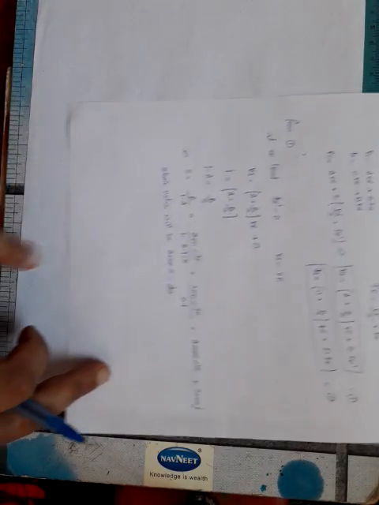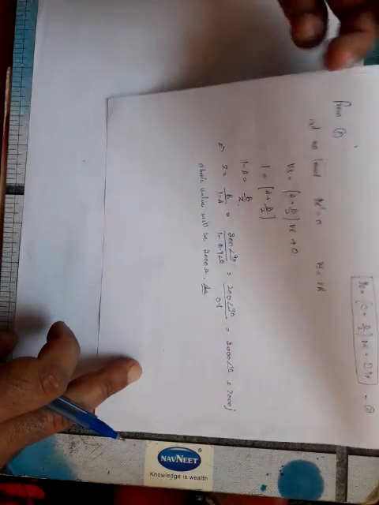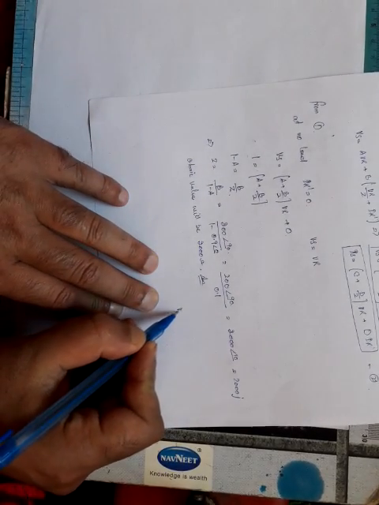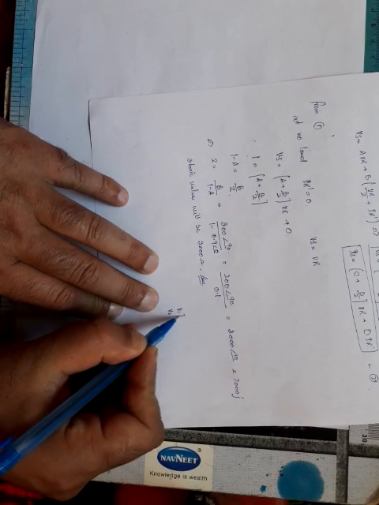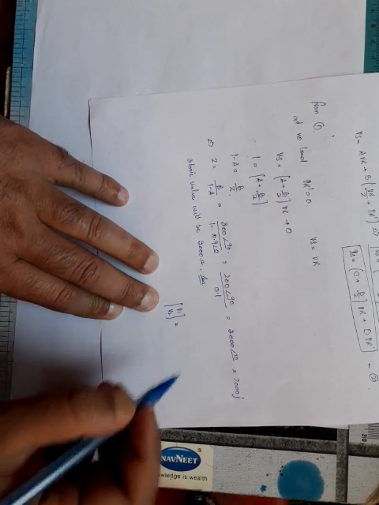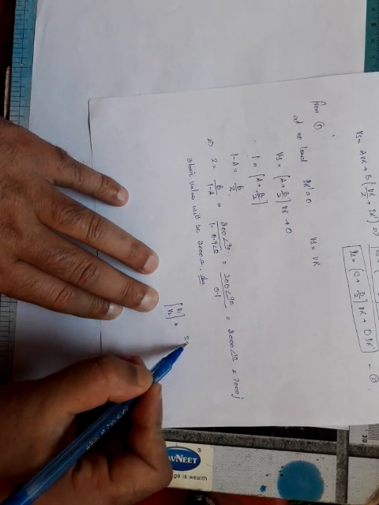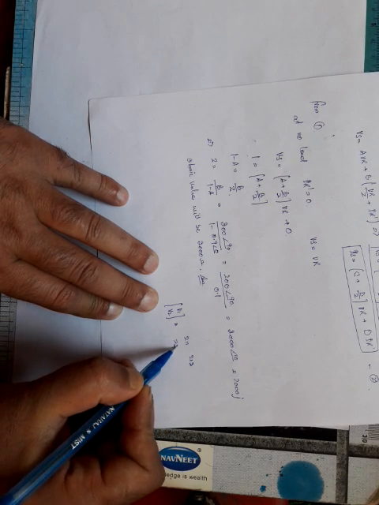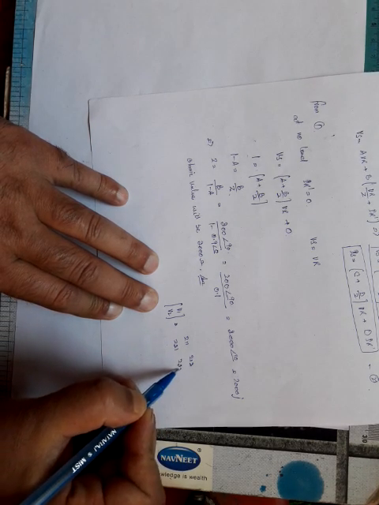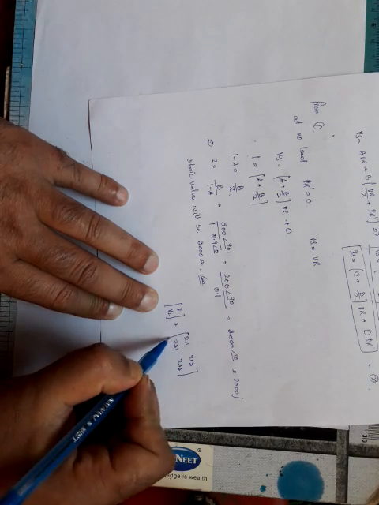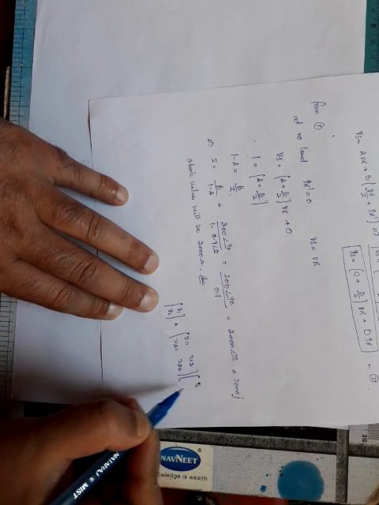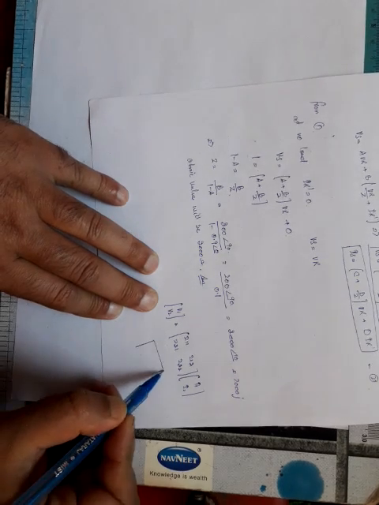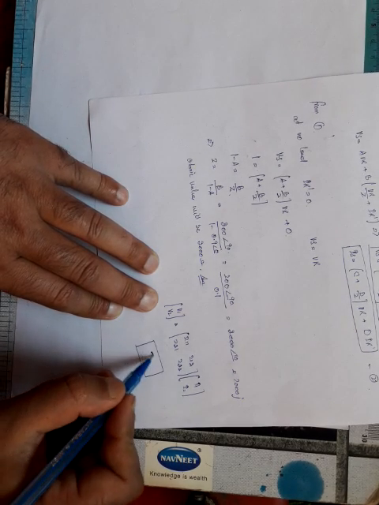I am posing a last question to you. It is a similar question, but it is based on Z parameters. We know that for Z parameters, this is V1, this is V2, given as Z11, Z12, Z21, Z22 multiplied by I1, I2, and the system is the same. Let us say it's a transmission system.